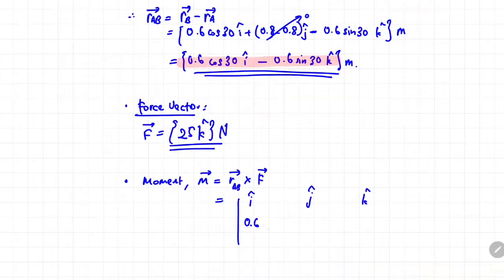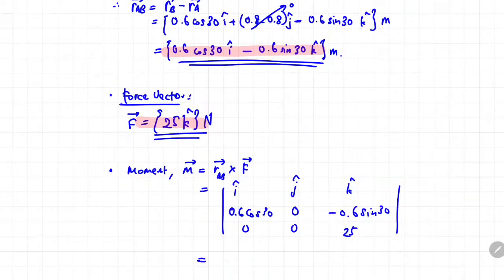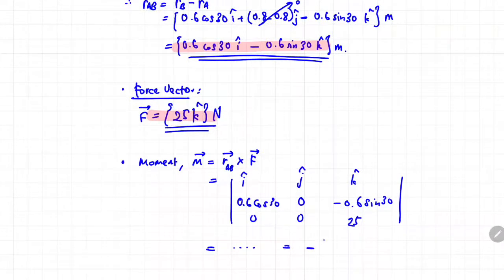Okay, so you rewrite it again, and the third layer would be the magnitude of the force vector over here. So you try to solve the cross product operation on your own, and you will get a corresponding moment vector to be negative 12.99 in the direction of J, and the unit is Newton meter.